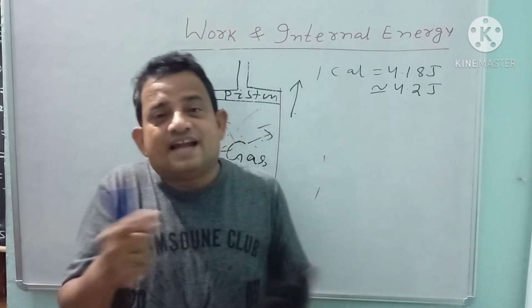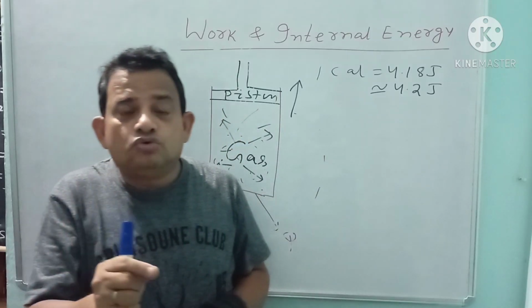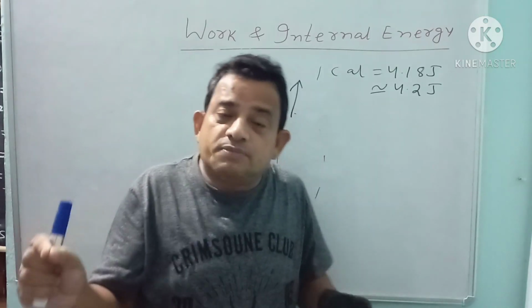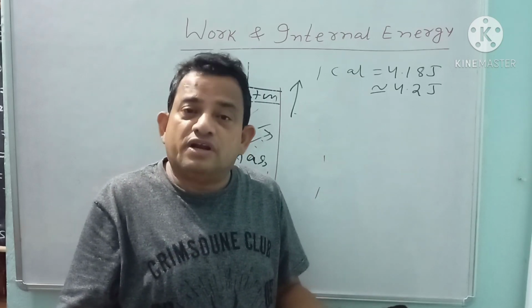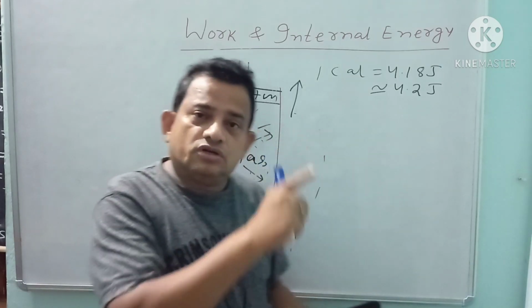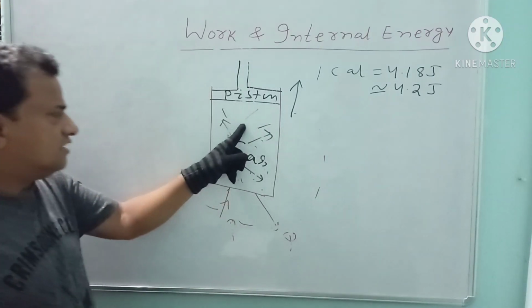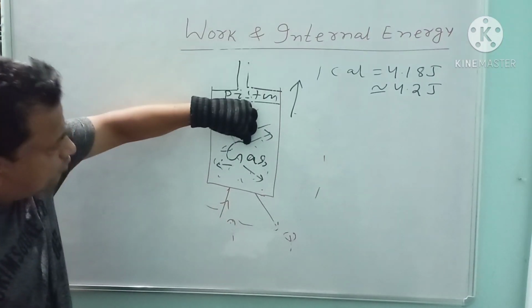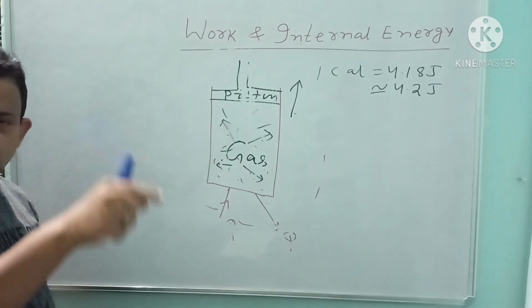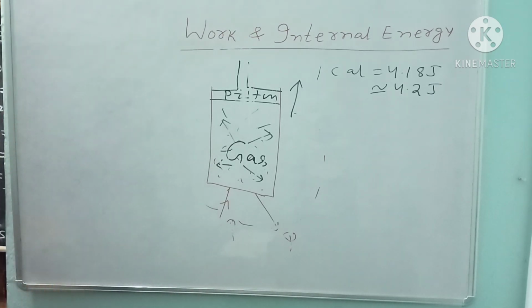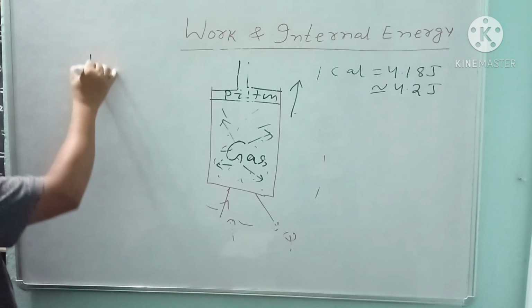But work is transfer of energy not due to temperature difference. It is the transfer of energy due to the motion of this piston. When the piston is moved, work is done. Work is involved.